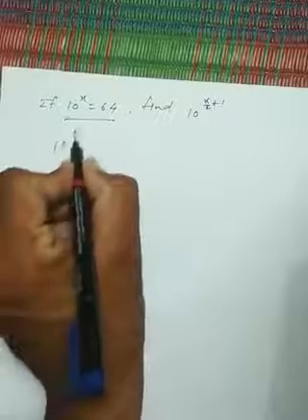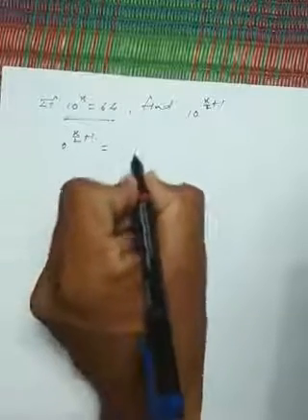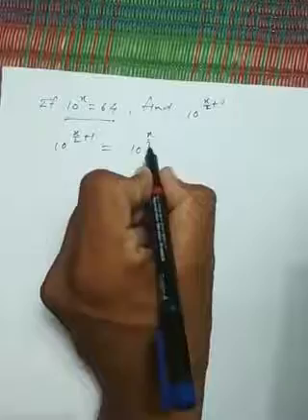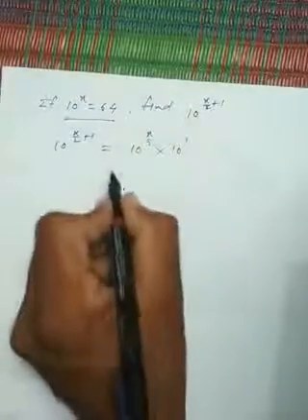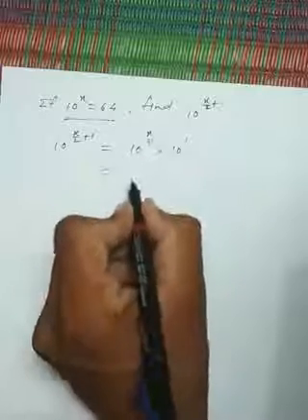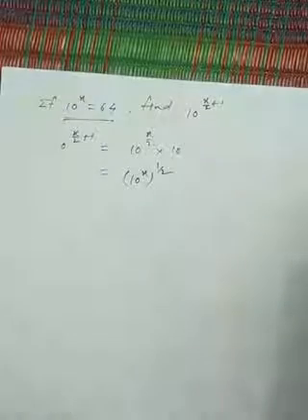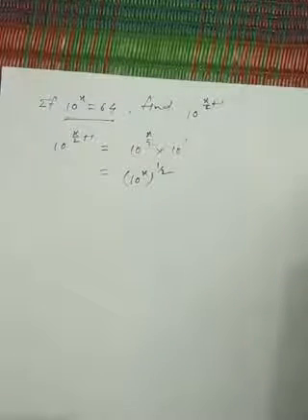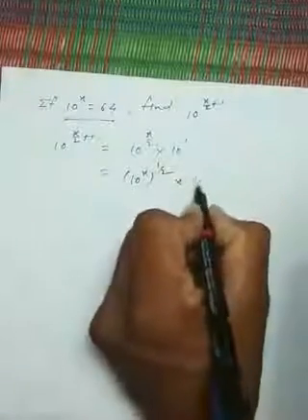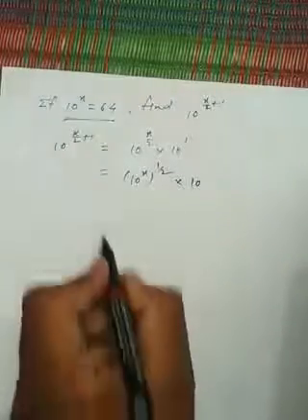10 to the power x by 2 plus 1 is equivalent to 10 to the power x by 2 into 10 to the power 1. 10 to the power x by 2 can be converted in this form: 10 to the power x to the power half, into 10 to the power 1, which is 10.